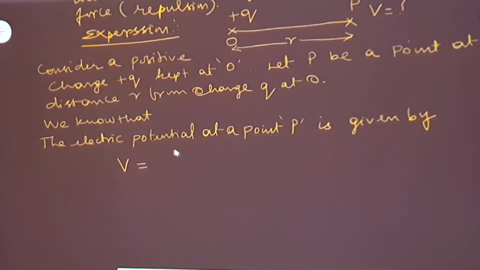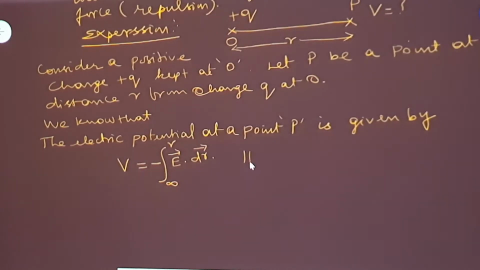Potential V is equal to, if it is potential difference, then we can say that E vector dot dr vector. Since it is potential, we have to integrate it from infinity to the point, which is at a distance R. Since the work is said to be done against, we have to state minus. So we can write this as V is equal to minus integral from infinity to R of E vector dot dr vector. Already we have derived this expression in the previous question.